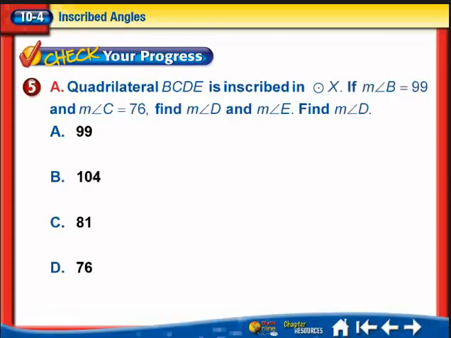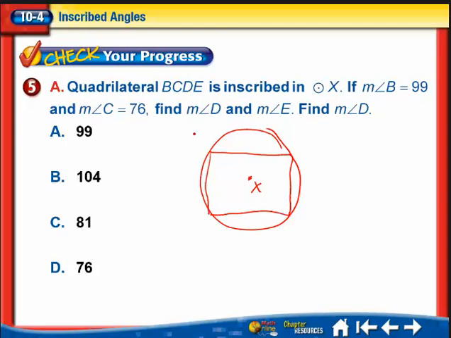Here's another one. Okay, you need to draw it if you can't see it. We have circle X and quadrilateral BCDE. Remember, they have to go in order. 99, 76.